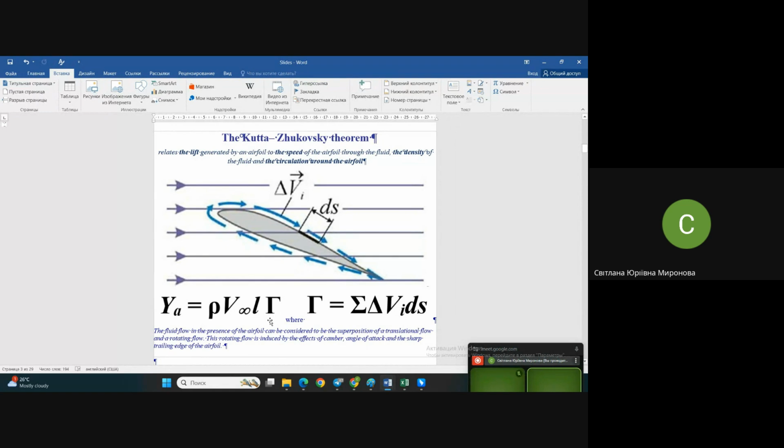What does it mean? In the plainest words, the fluid is represented in the view like a superposition of two motions. One motion is the motion of the fluid itself, its linear motion, and another motion is circular motion around the airfoil.